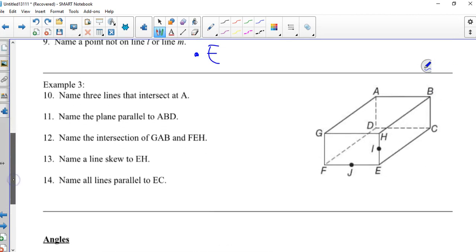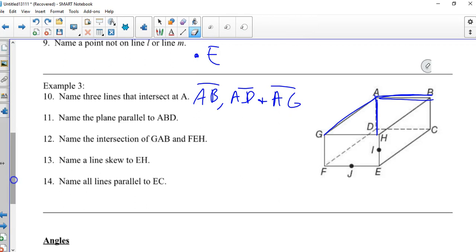Example 3. Name 3 lines that intersect at A. Technically line segments. So, AB, AD, and AG. Name the plane parallel to ABD.